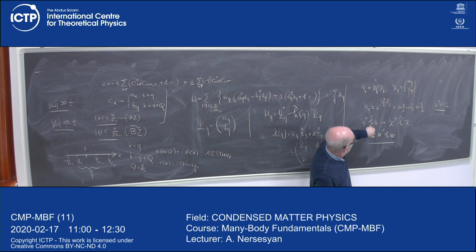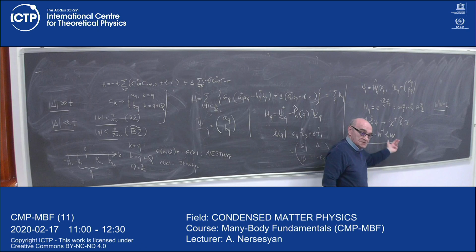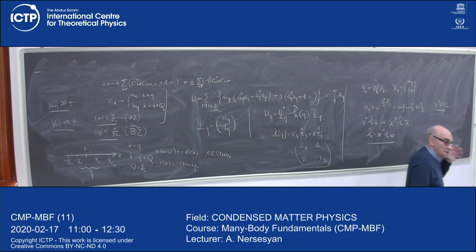And then psi dagger, of course, will be chi dagger times W minus 1. So I get W minus 1 from the left, W from the right. It's a typical quantum mechanical operator transformation of the Hamiltonian.